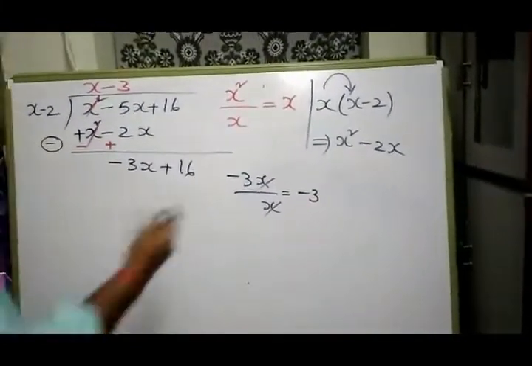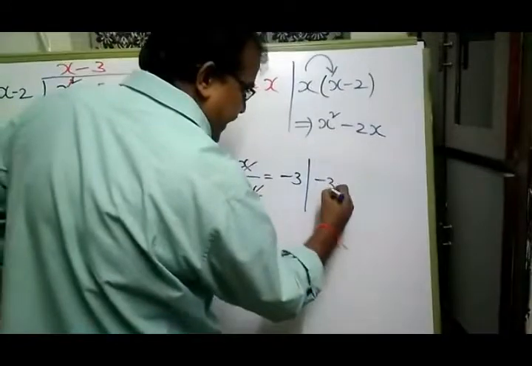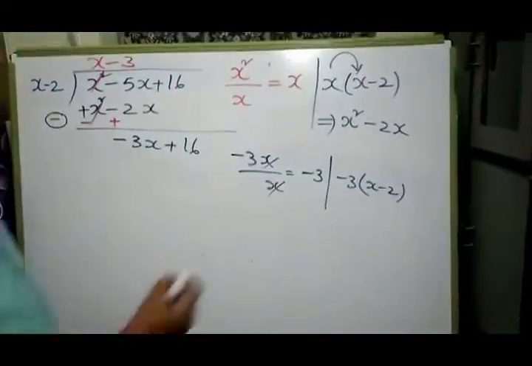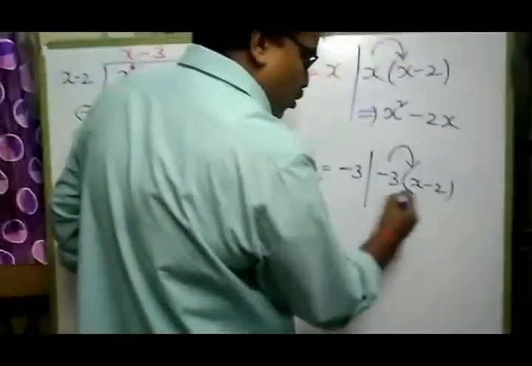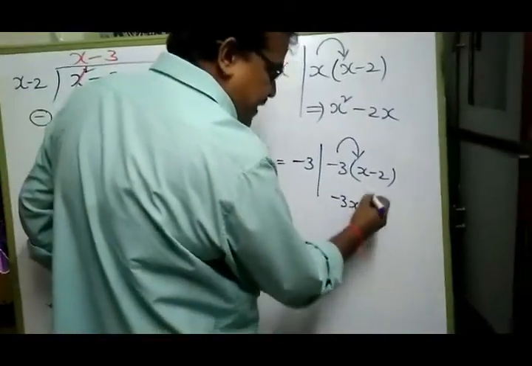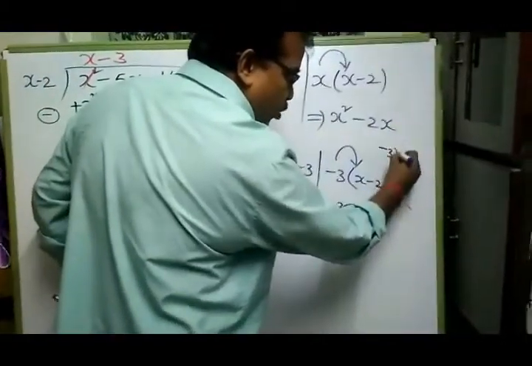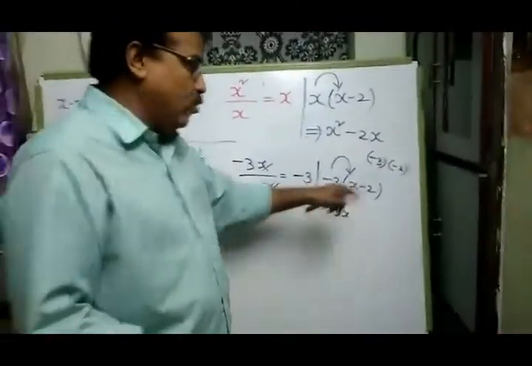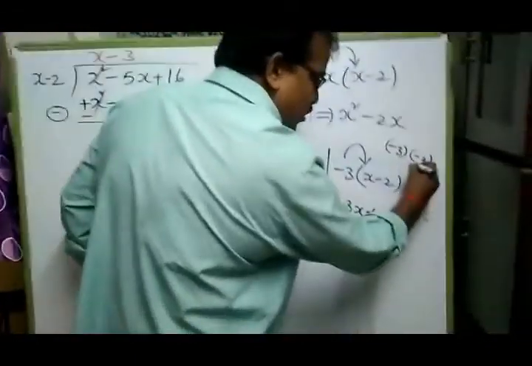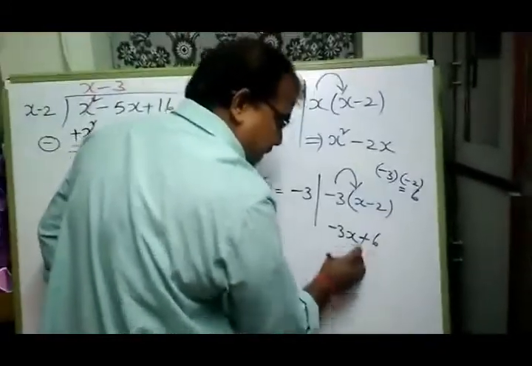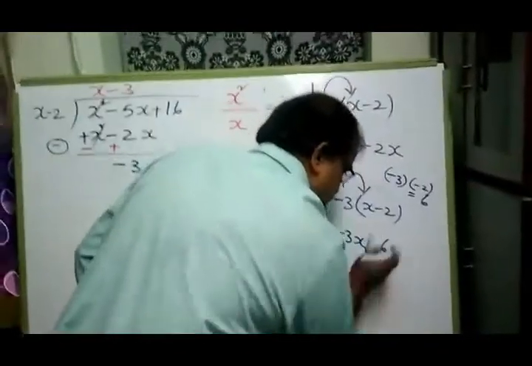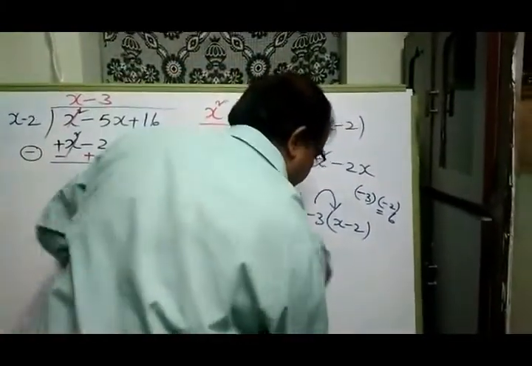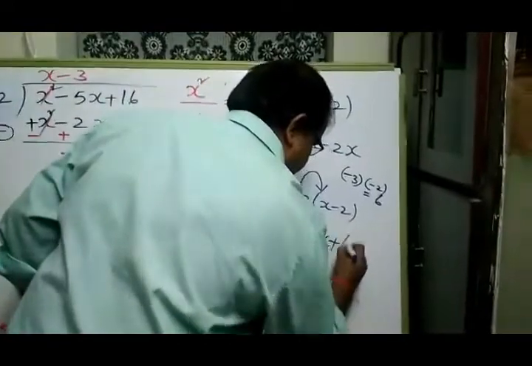Minus 3, this partial quotient minus 3 into divisor x minus 2. Minus 3 into x is minus 3x, minus 3 into minus 2 is plus 6. So minus 3x plus 6.